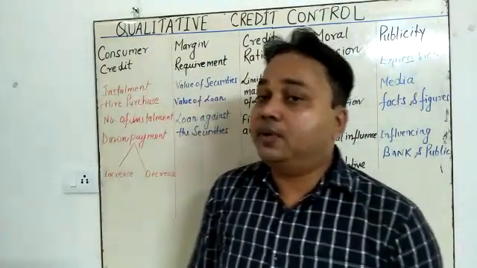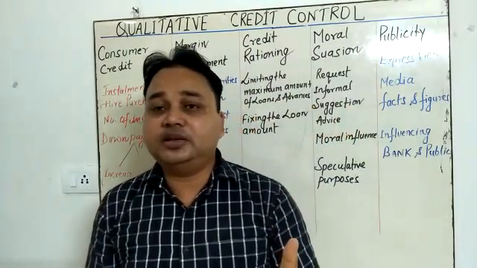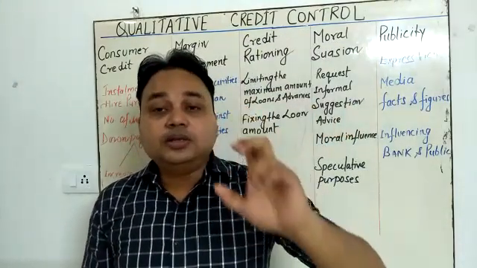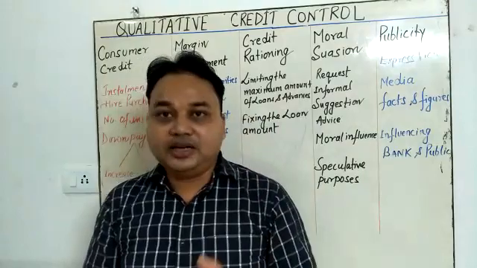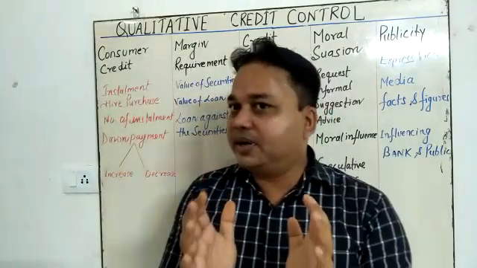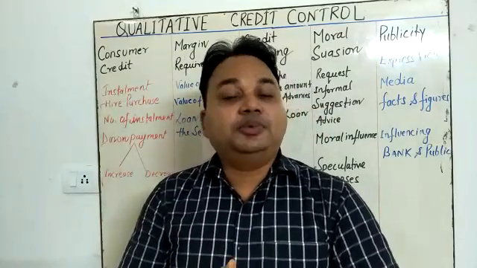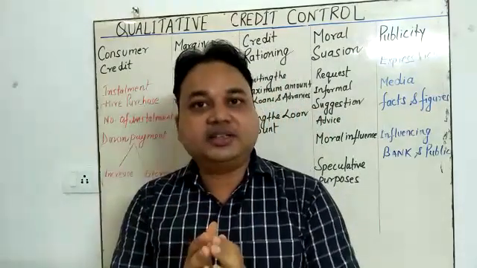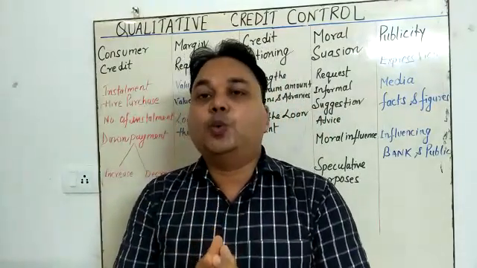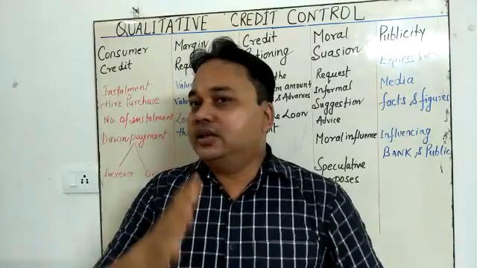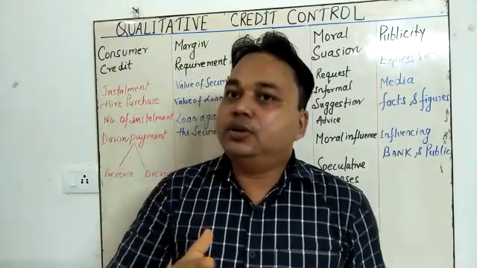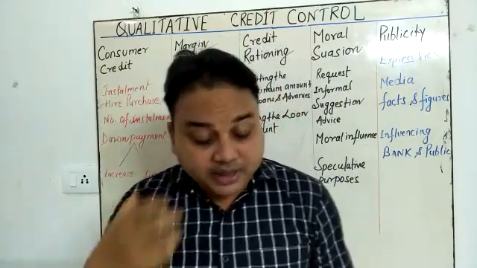You have already studied supply and demand. When there is more demand, RBI decreases the credit facility. When there is more supply, RBI increases the credit facility in the market.